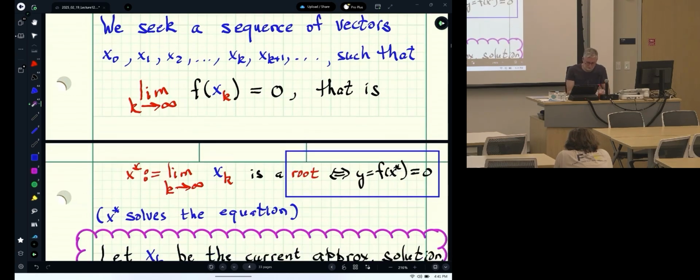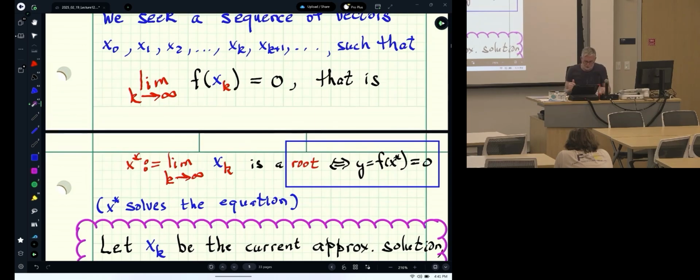So that means that x star, which would be the limit of us iterating until our tolerance becomes small enough, we want that to be a root of the function, which means that the function evaluated at that is 0. So the term root comes from the quadratic equation, where you calculate the roots of the quadratic polynomial. That's where the term comes from. It's just the zeros of the function. So it's vectors that zero the function.